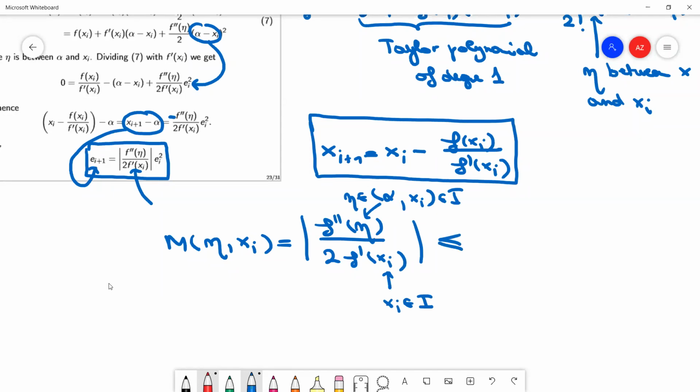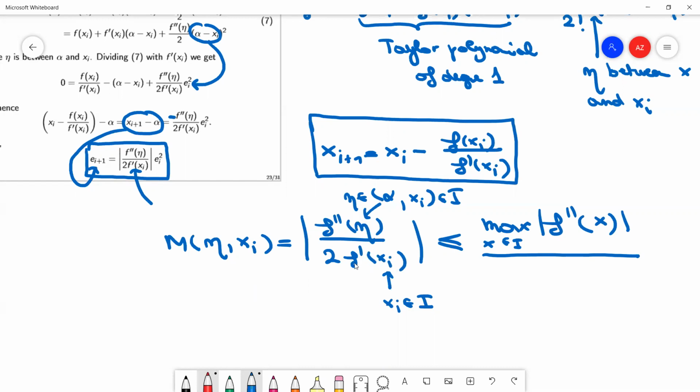So if, instead of the numerator, we take the maximum of the absolute value of the second derivative in the interval I, it is smaller than the maximum of the second derivative of x in the interval I. While in the denominator, we will have the biggest value of m if in the denominator we take the smallest possible value.